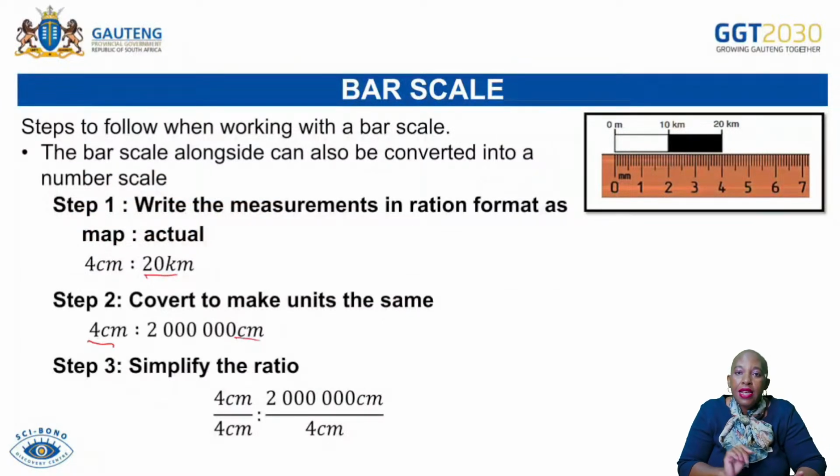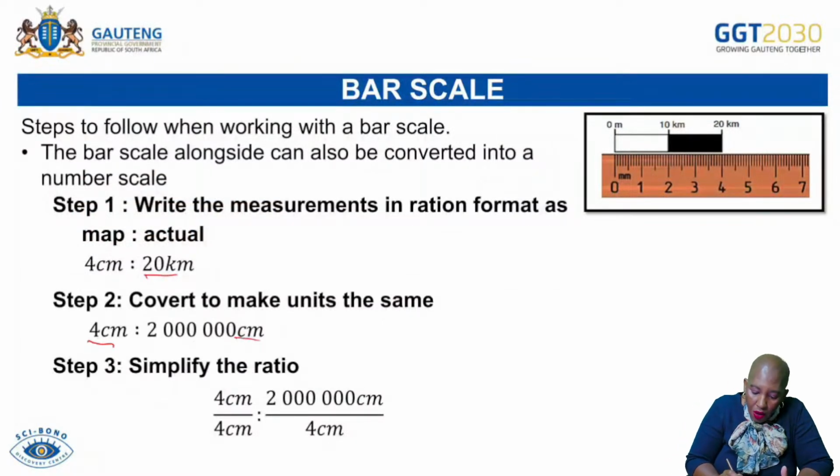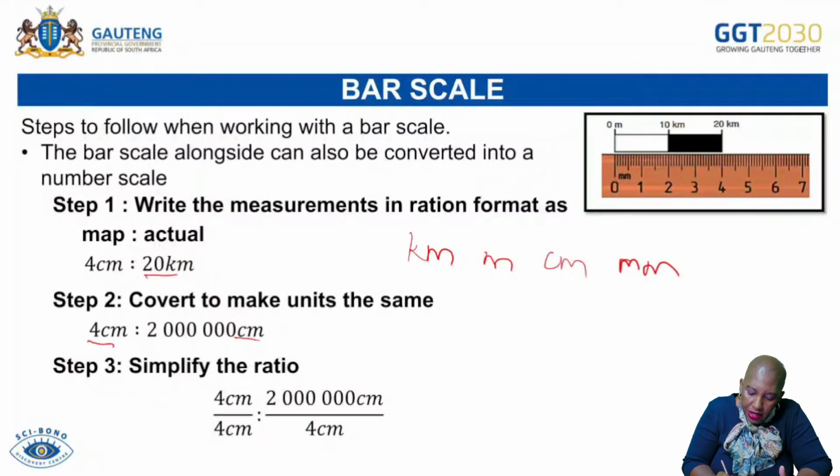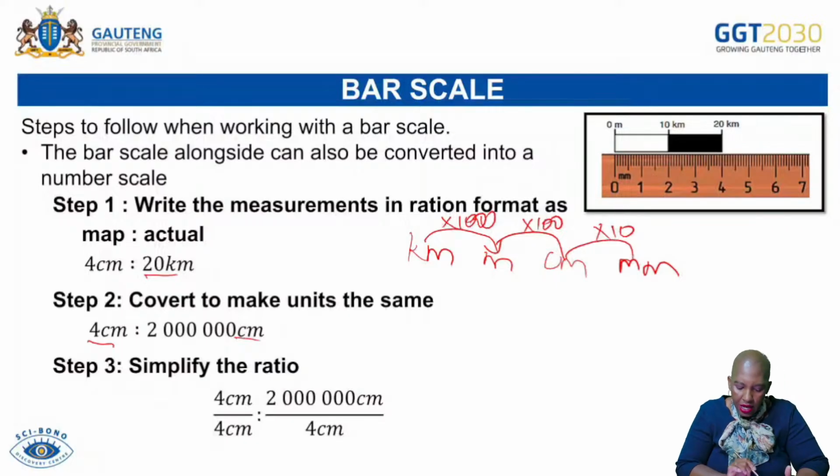To centimeters. And we have done our conversions. Remember the kilometer, meter, centimeter, and the millimeters. Don't forget this one. You multiply by 1,000, you multiply by 100, and then you multiply by 10. Don't forget.